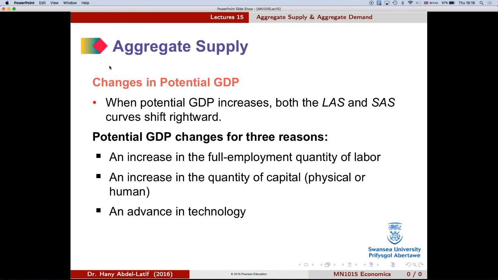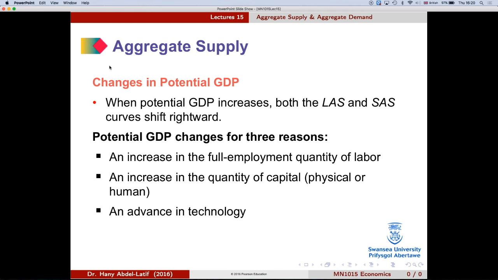So the last two points are related to labor productivity, which we covered in the last lecture. And the first reason, an increase in the full employment quantity of labor, is related to the supply of labor. So if labor supply or labor productivity increased, this will increase the potential GDP.